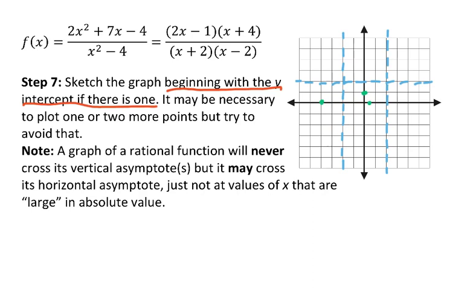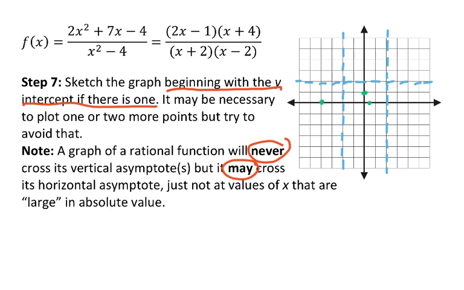It may be necessary to plot 1 or 2 additional points if you're a little confused by the behavior, but let's try not to. Now, one note before I jump in and do this. A graph of a rational function will never cross its vertical asymptotes, but it may cross its horizontal asymptotes, just not at values of x that are large in absolute value.